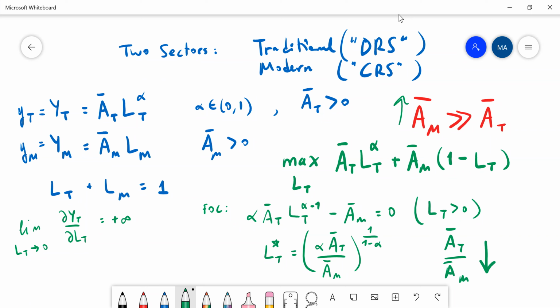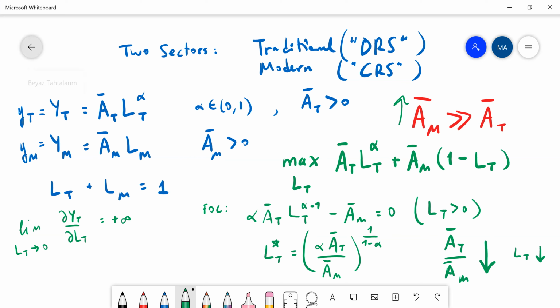Because A_M is getting larger and larger, and A_T, suppose that is fixed, then L_T also gets lower. So optimally, the society should transfer labor from traditional to modern sectors, and there will be a productivity gain, right? Because you are using your resources more in the productive sectors and less in the unproductive sectors.